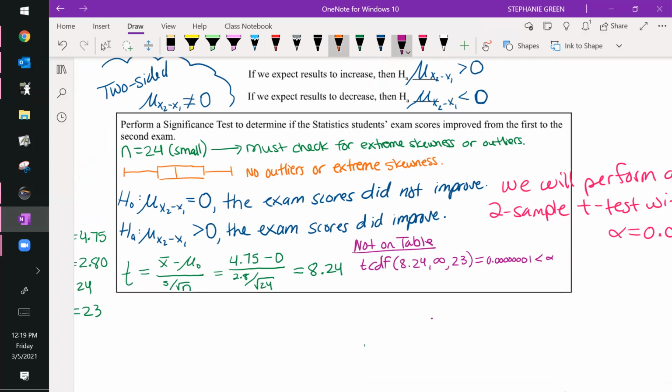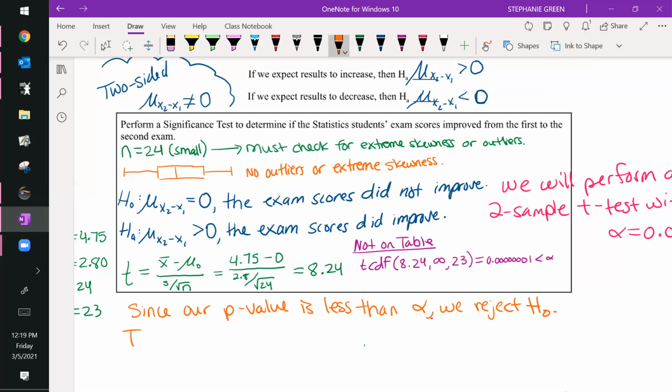So last thing is to write my conclusion. Since our p-value is less than alpha, we reject H naught. Okay, and now I have to put that in context. What does that mean?